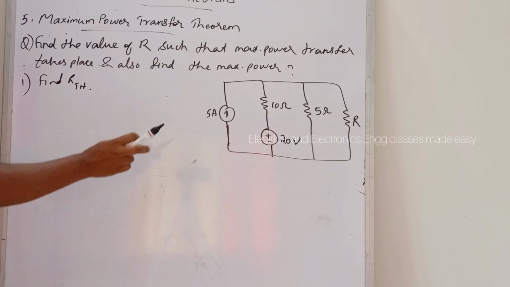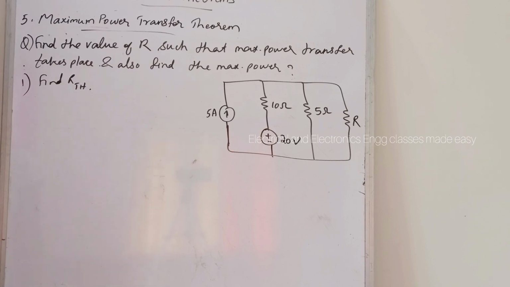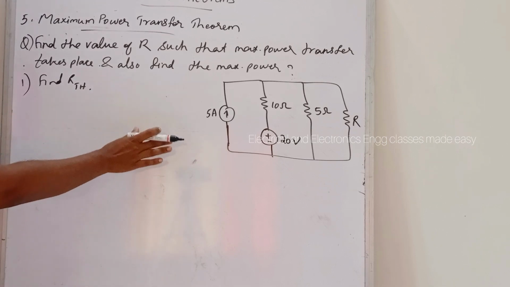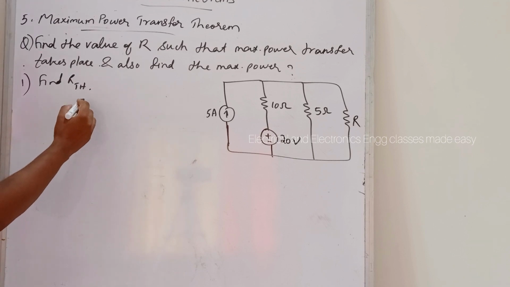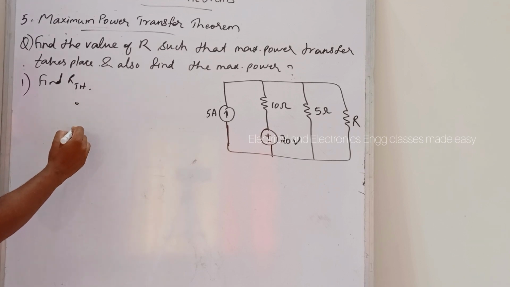To find RTH, using Thevenin's theorem, we have to deactivate the sources. This is a current source, so it is open circuited.